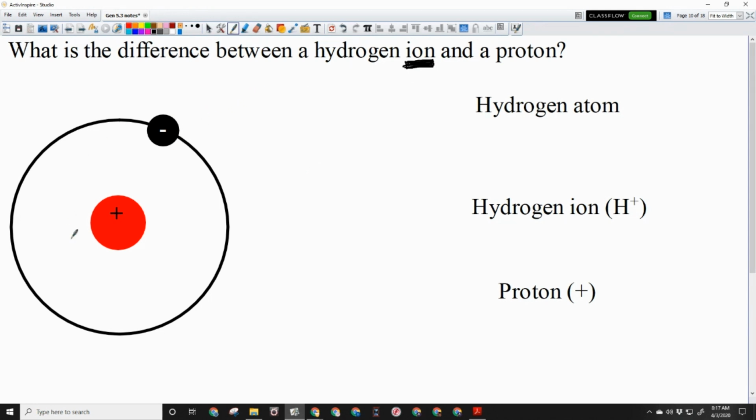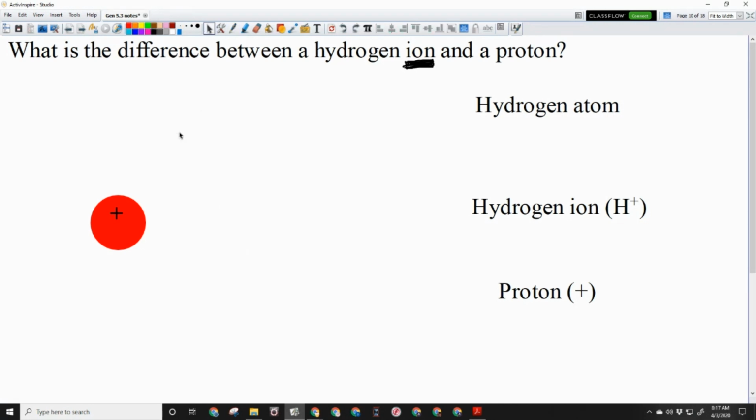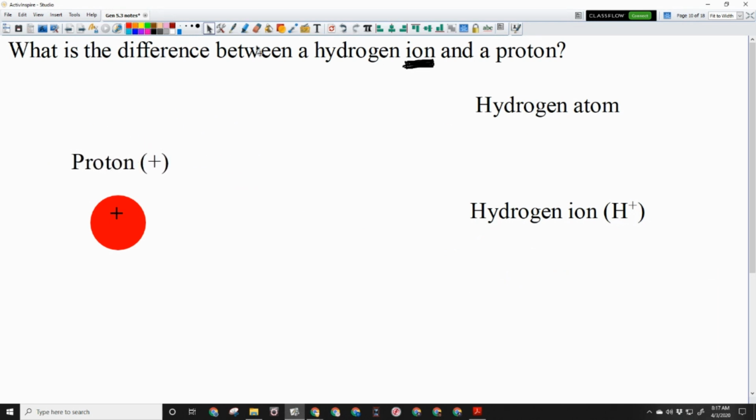So if we take this and we remove this electron, then we see all we have left over here is the nucleus that has a proton. So this is called a hydrogen ion, okay, because we've removed that electron. Now, this is also called a proton because in hydrogen, when you remove the one electron, all you have left over is the proton that's in the nucleus.